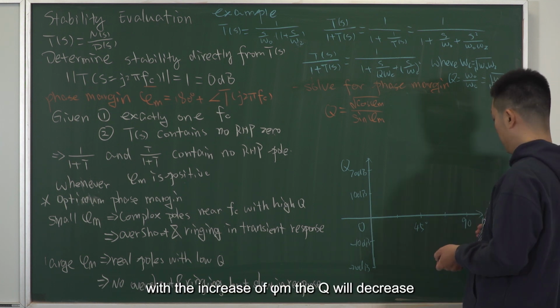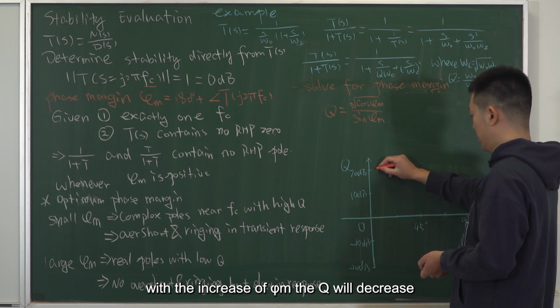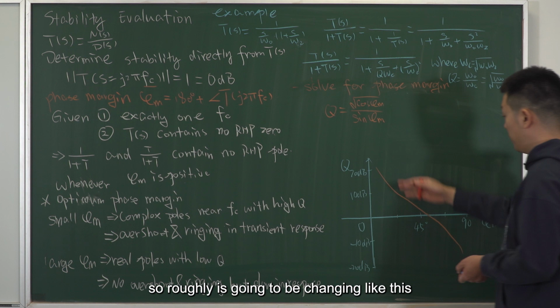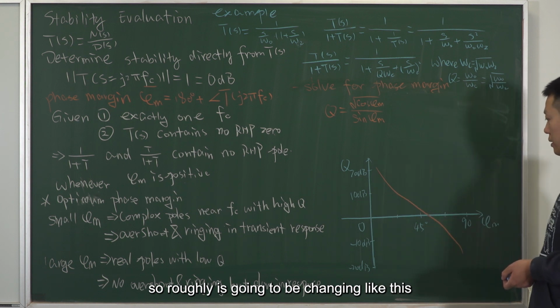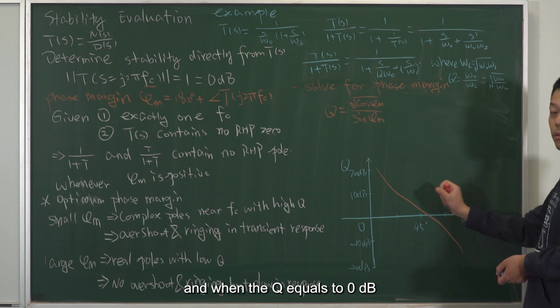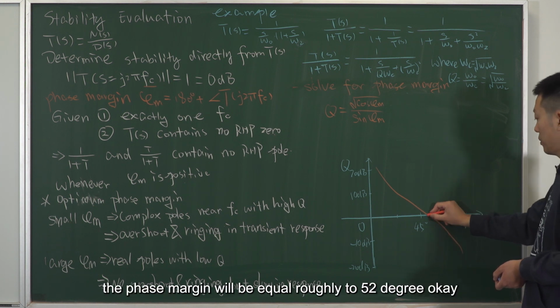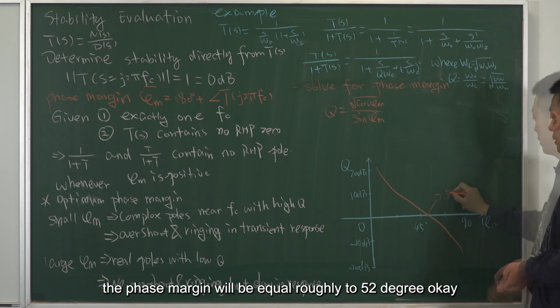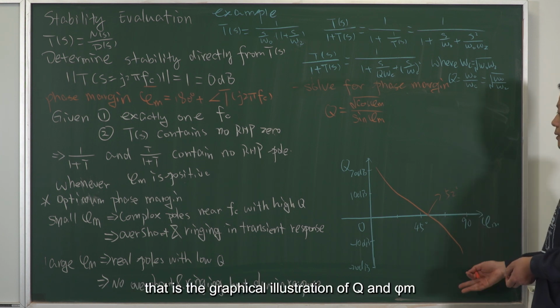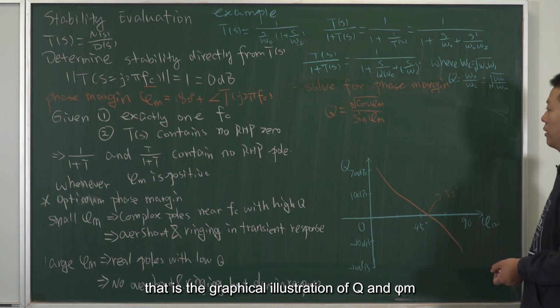With the increase of phi m, the Q will decrease. So roughly, it's going to be changing like this. And when Q equals 0 dB, the phase margin will be roughly 52 degrees. Okay, that is the graphical illustration of Q and phi m.